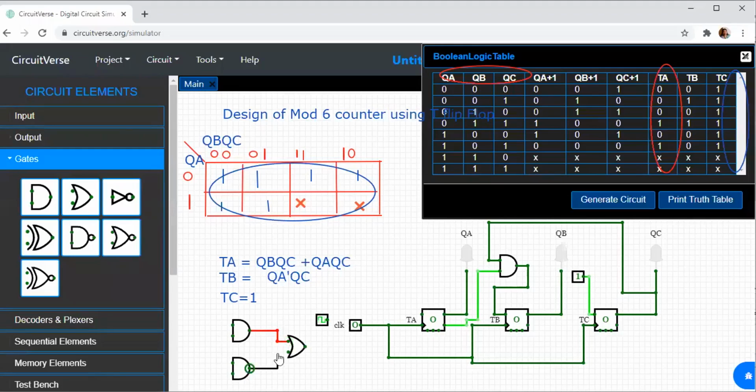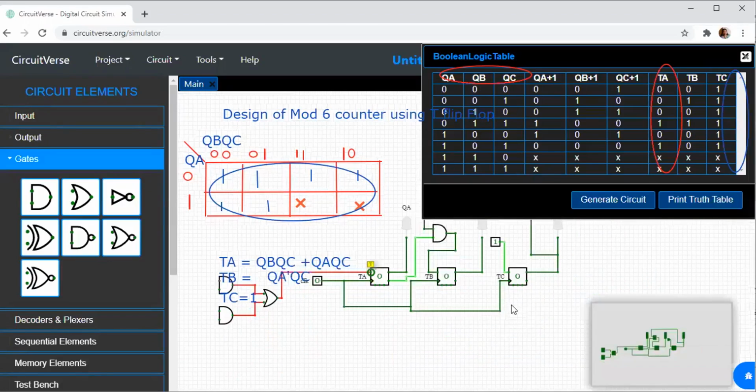I've just kept it aside so that it is understandable for us. This is TA. So what is TA now? TA is equal to QB into QC.